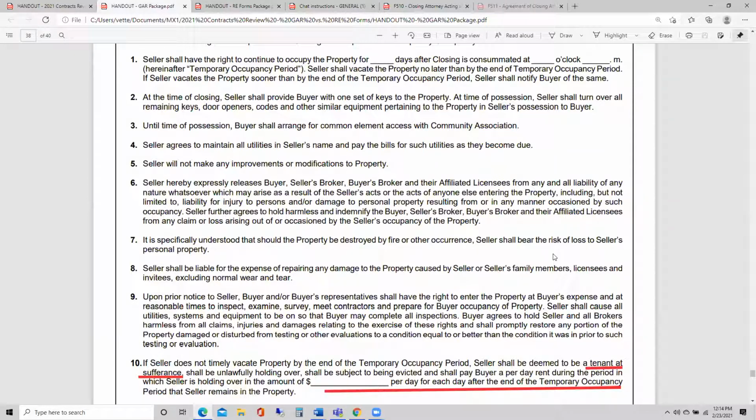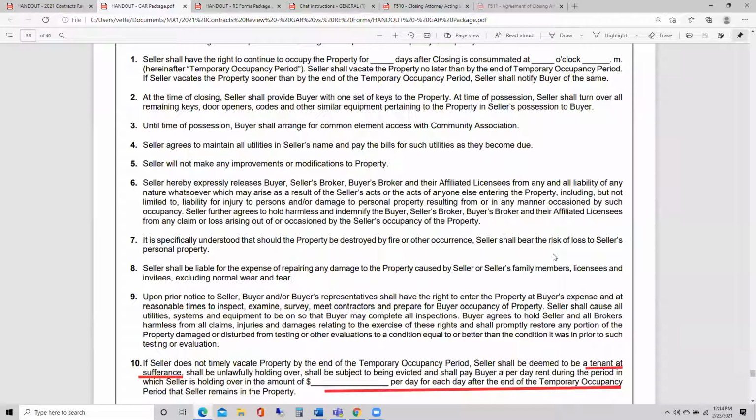Why would you not want, don't type this in because it's going to be too much, but why would you not want a seller maintaining temporary occupancy to be a true tenant in Georgia? It's just temporary occupancy. And this is the agreement between the buyer and the seller surrounding the terms of that occupancy.